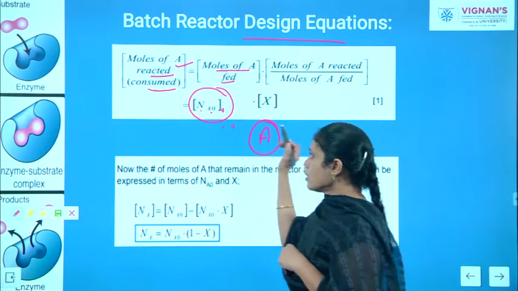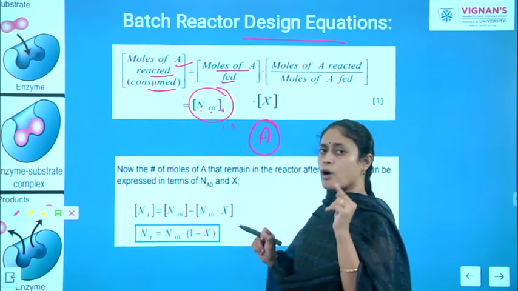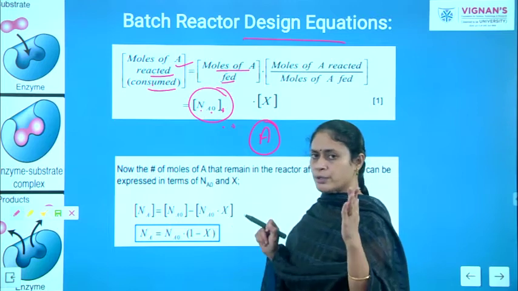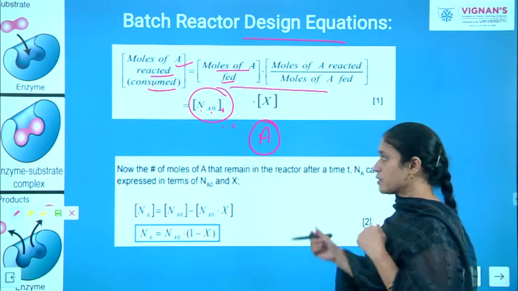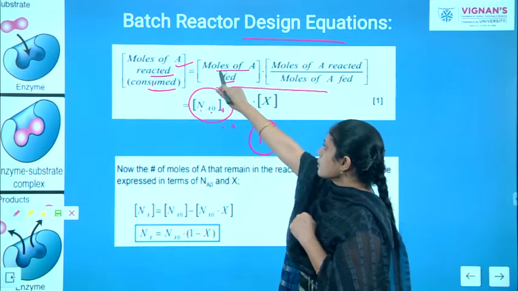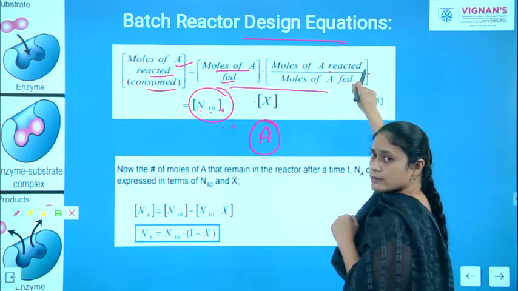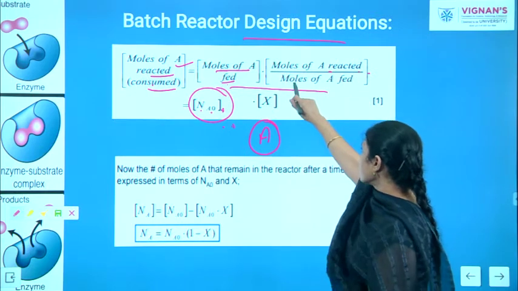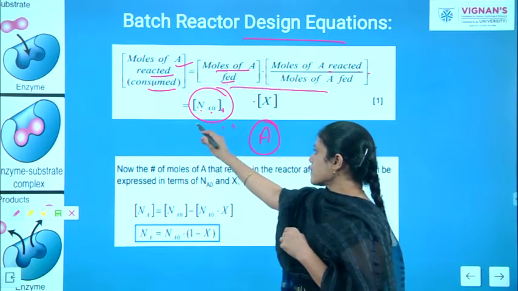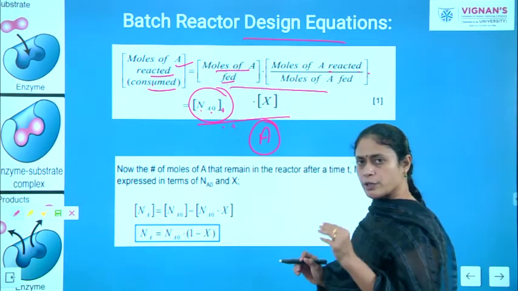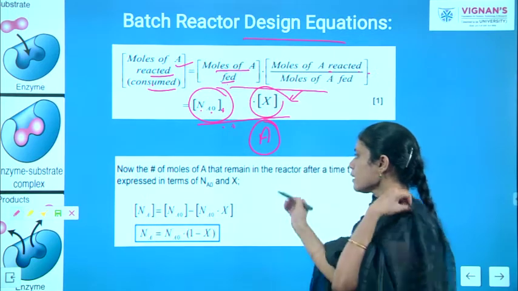So, in order to know how many moles of your reactant or your substrate got consumed, you need to use this particular equation. You have to calculate the moles of A reacted, that's nothing but your substrate reactant, divided by moles of A fed into the system, which is represented as Na naught into X. This is nothing but your conversion.